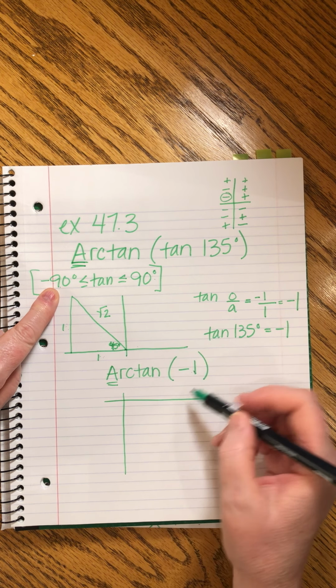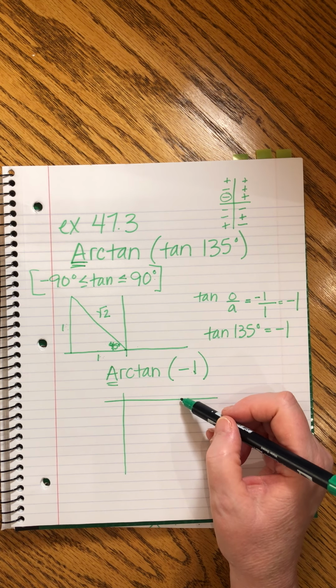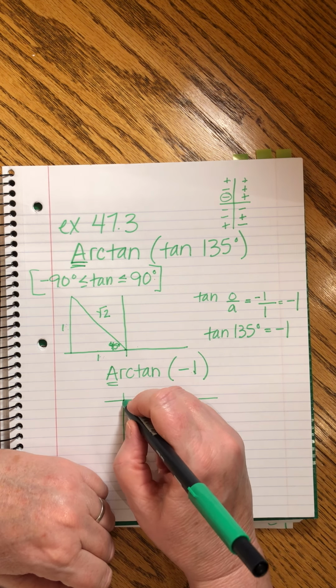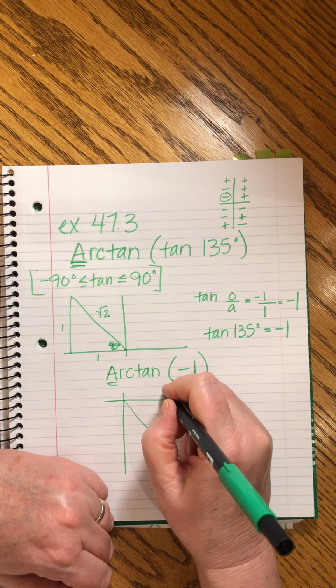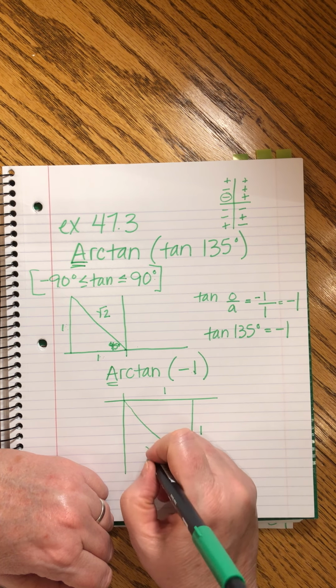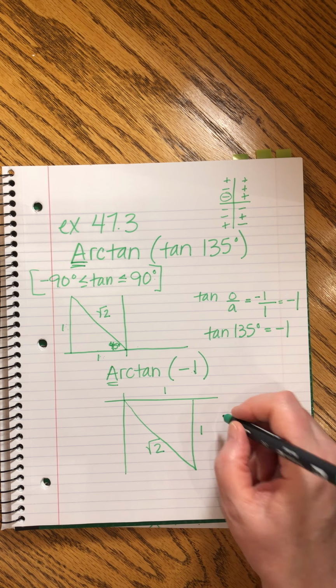It's positive in the first quarter. So since we have a negative value here, we know, okay, we're interested in the fourth quarter. Let's just look and see what happens with a 45 degree angle. 1, 1, square root of 2. We know that it would be negative down here.